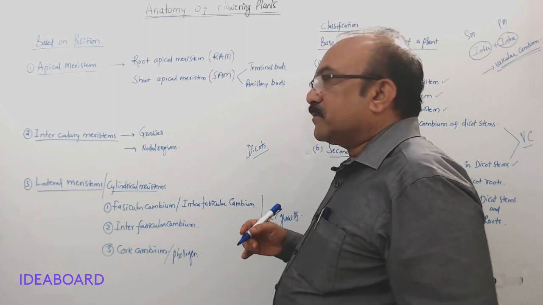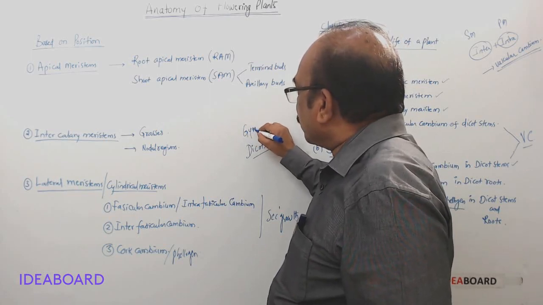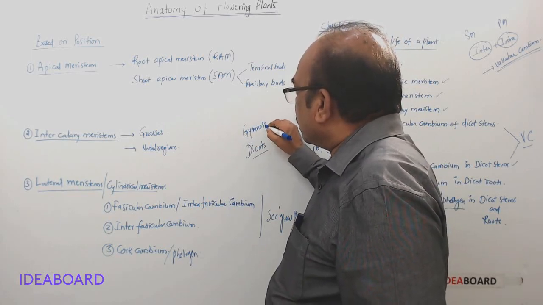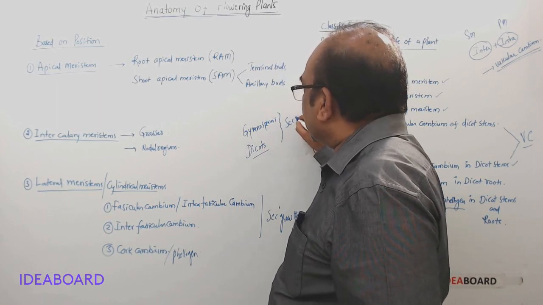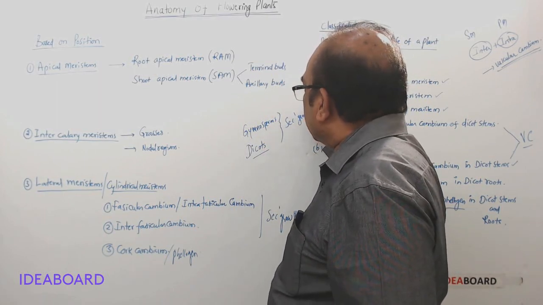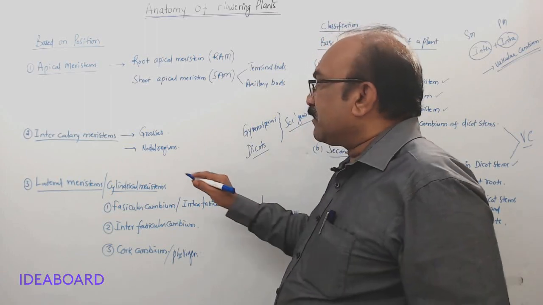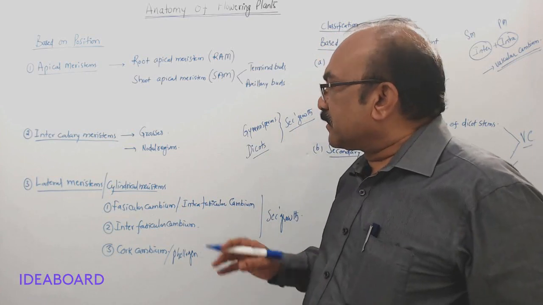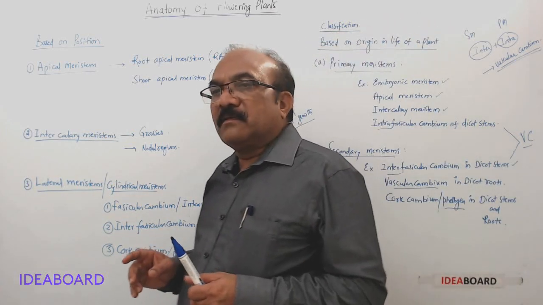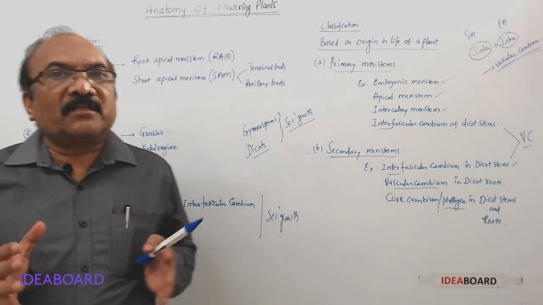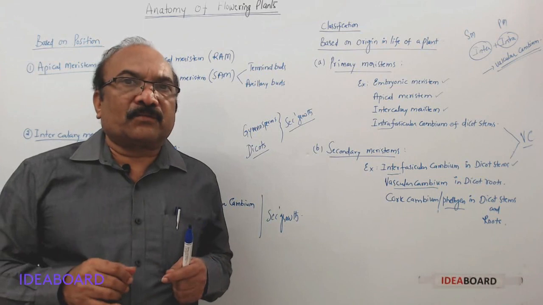But if you generalize, even gymnosperms will show secondary growth. So gymnosperms and dicots have secondary growth, and these plants will have lateral meristems that help in secondary growth. So this is about the meristems, and in the next video we will discuss the permanent tissues.